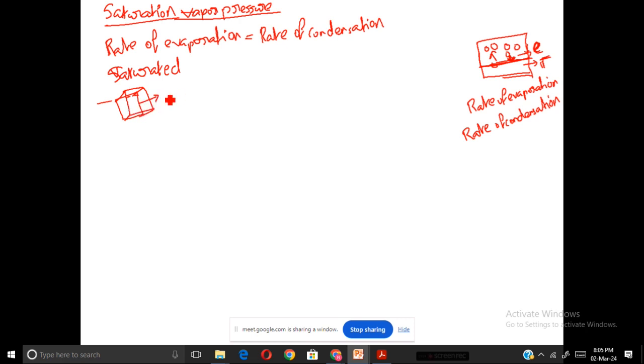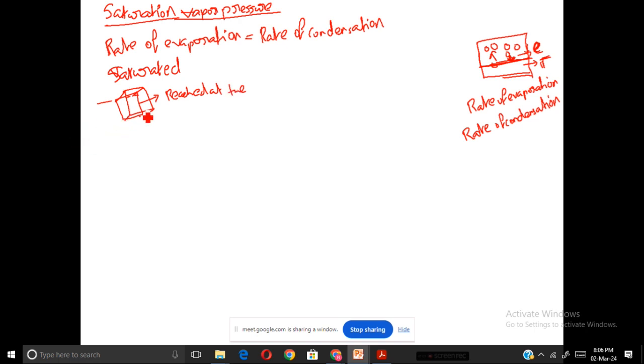So if an air parcel is saturated, it has reached the point at which it is holding the maximum amount of water vapor that it can hold. If we add more water vapor, it will start to condense and form water droplets. That is basically saturation.